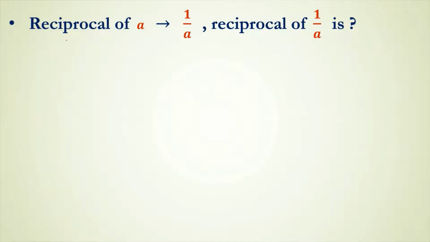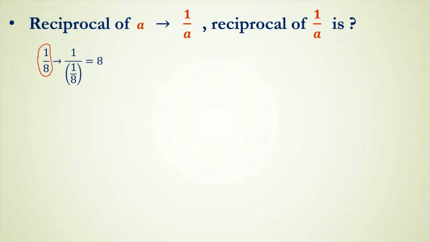So we learned that the reciprocal of a non-zero number a is 1 over a. Then what about the reciprocal of 1 over a? What does that equal to? So let's try this question out first using some actual real numbers. Let's use 1 over 8 as an example. And we're going to treat this 1 over 8 as a whole thing. Okay.